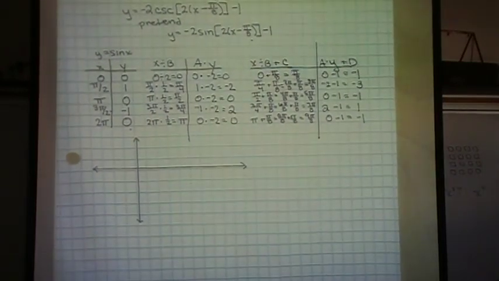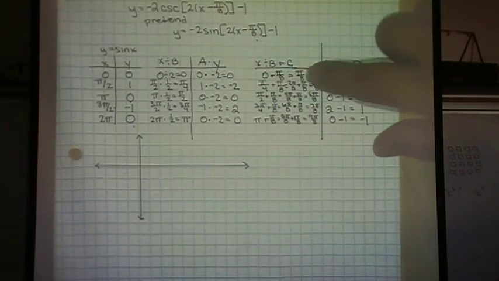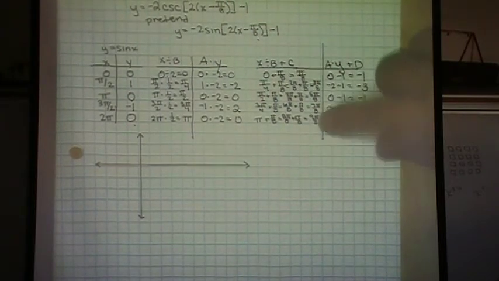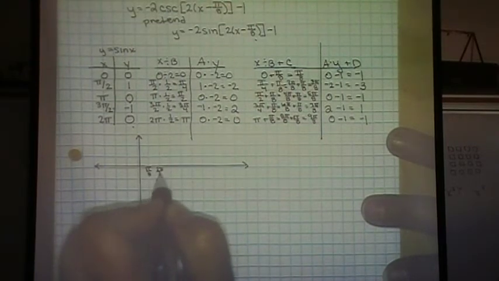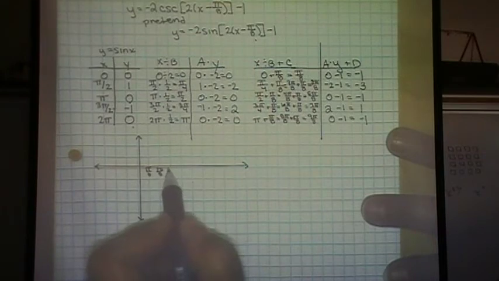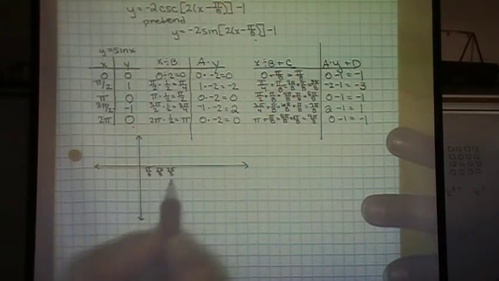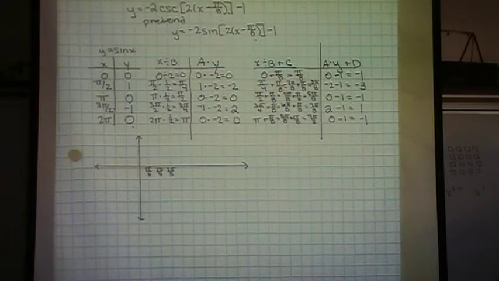Okay, so for my x-axis, all of the denominators are 8, so I'm going to count by eighths. So this is pi over 8, 2 pi over 8, 3 pi over 8, and you know what?